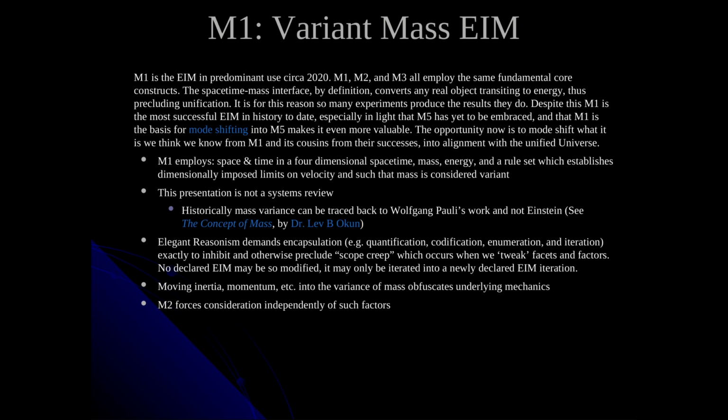And so M2 forces those considerations. And I'll just say right off the bat here that M5 has more affinity with M2 than it does M1. But we want you to try and look at as many independent variables and factors and constants as possible.